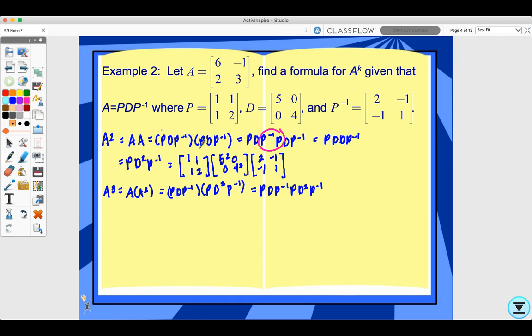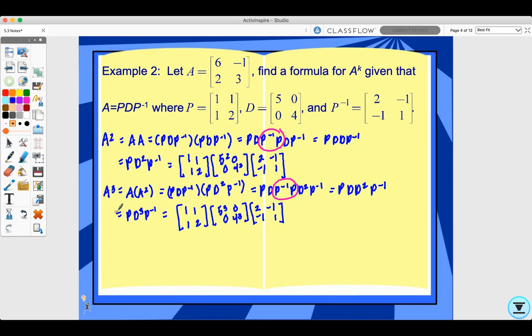And remember that P inverse times P is the identity matrix. So then this would be P D times D squared P inverse, which would then be P D cubed P inverse. And we would have 1, 1, 1, 2. We know based on example 1 that this would be 5 cubed, 0, 0, 4 cubed times 2, -1, -1, 1.